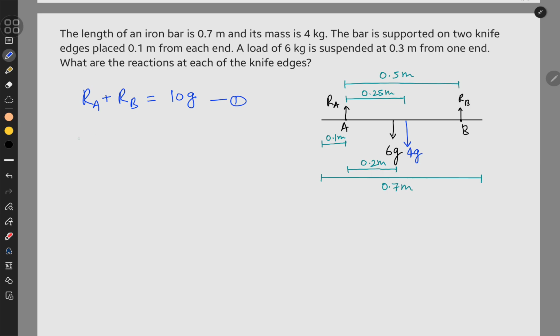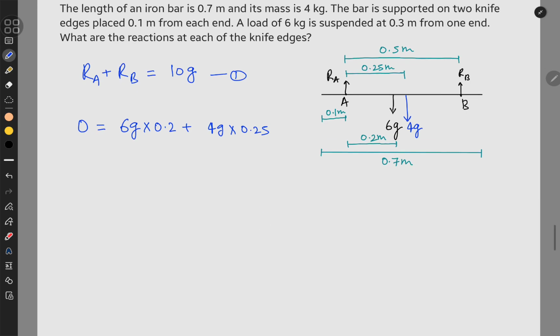It is 0 equals 6g, that is the force, times the distance, and the distance is 0.2 meter, so 6g times 0.2, plus 4g times 0.25, and in the opposite direction, there will be the torque due to this reaction about this point A. So it will be Rb times 0.5.